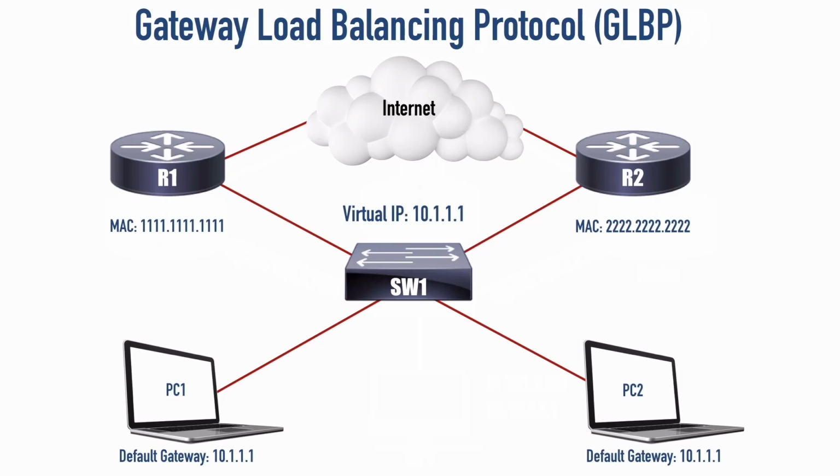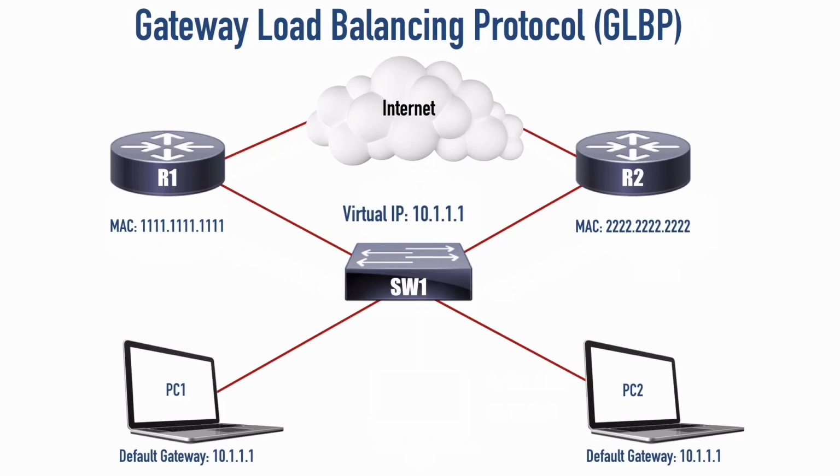And with HSRP and VRRP, as we'll get into in a later video in this course, there is a MAC address that gets handed out based on the HSRP or VRRP group number. But here, with GLBP, we're going to give different answers to the same question. I mean, think about this. What if PC1 pointed to R1 as its way out to the internet?